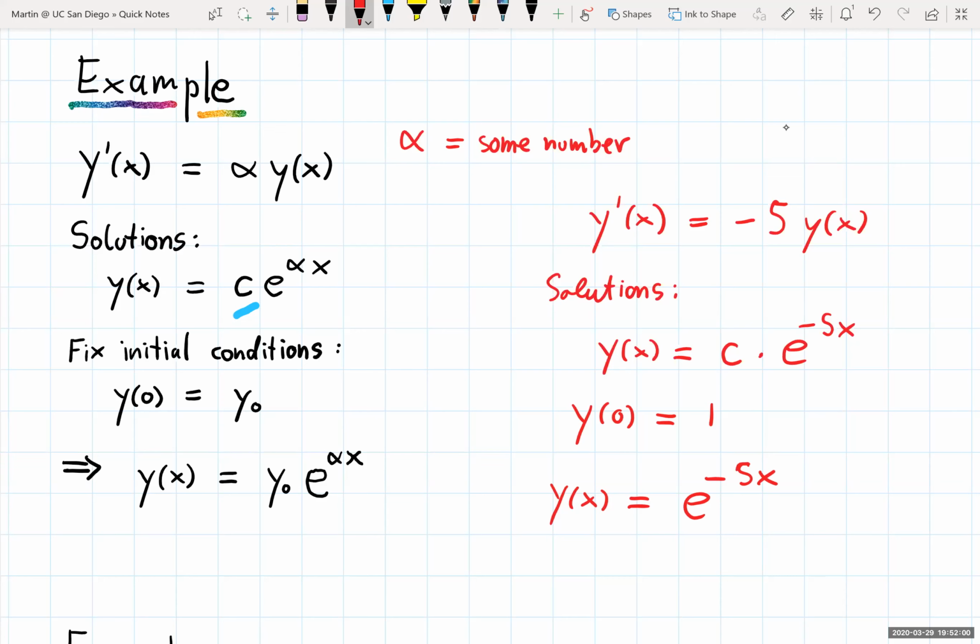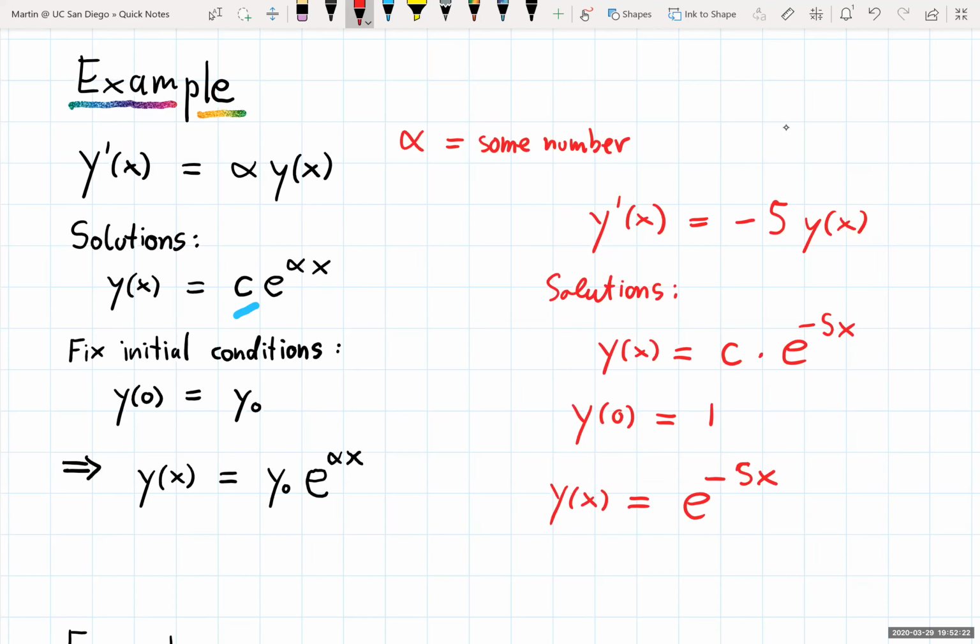Now, such a differential equation is again very, very simple, but it's also sort of prototypical. Quite often when we talk about simple examples of differential equations, the exponential function appears, particularly if we talk about linear differential equations. The exponential function is going to appear sooner or later.